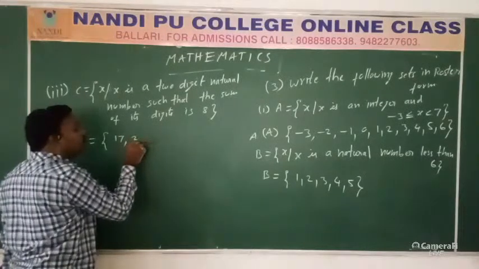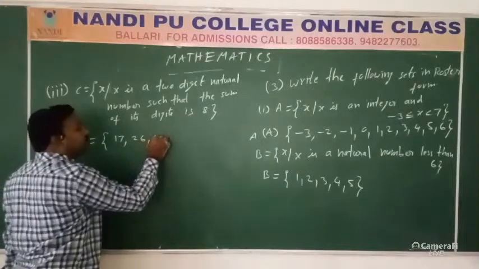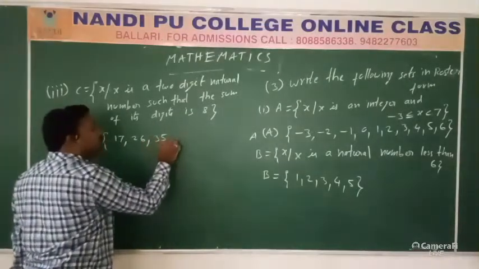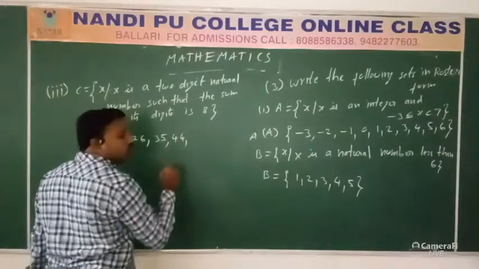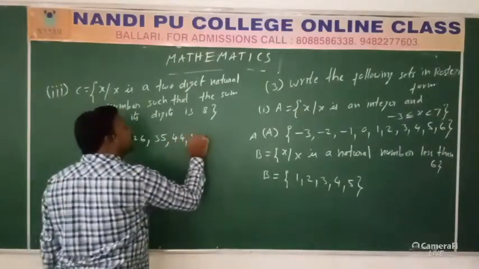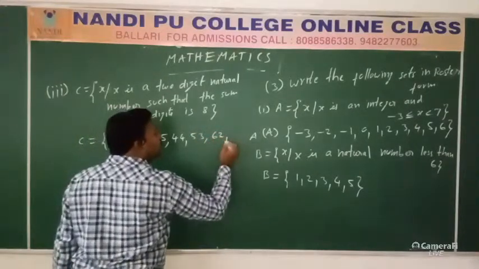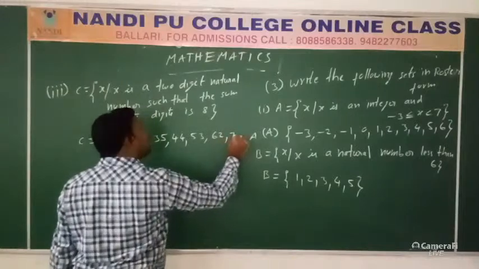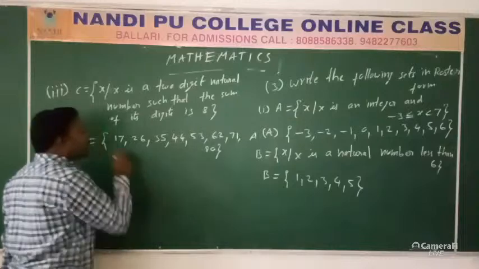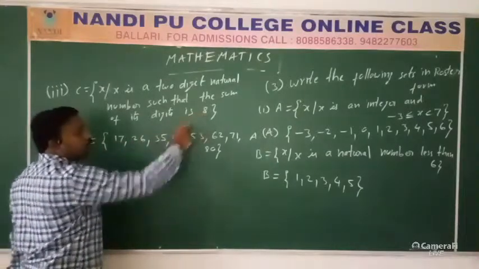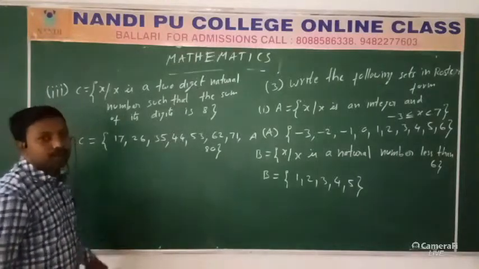Next 2, 6. 2 plus 6 is 8. 3, 5, 4, 4. Next 5, 3, 6, 2, 7, 1, 8, 0. If you add these 2 digits, we must get the number 8. That type of numbers we have to write.